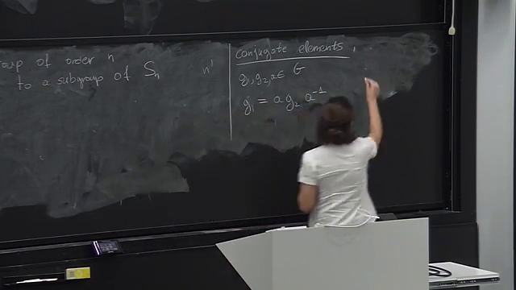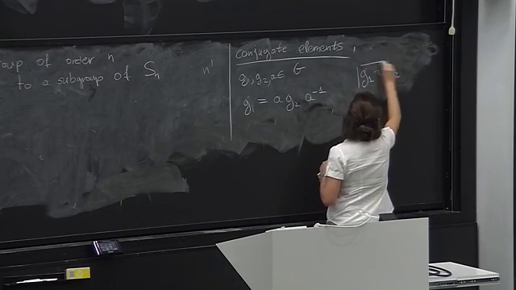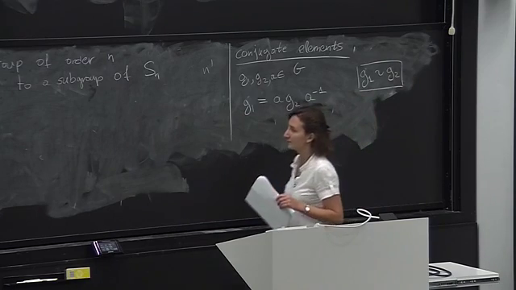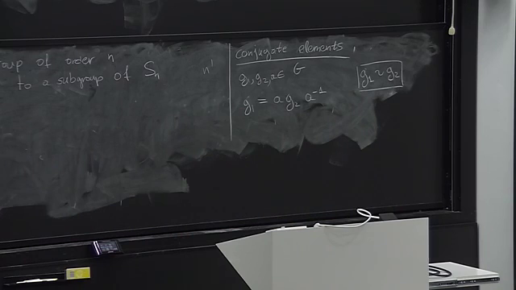Then we say that G1 and G2 are conjugate elements. So an interesting thing about permutation groups is that conjugate elements always have the same cycle structure.